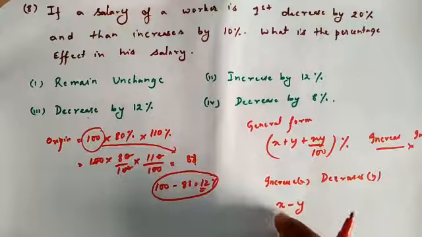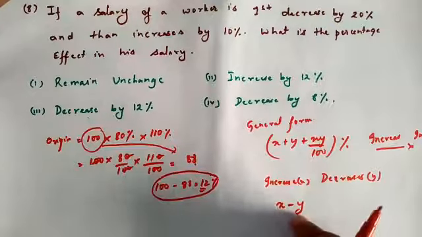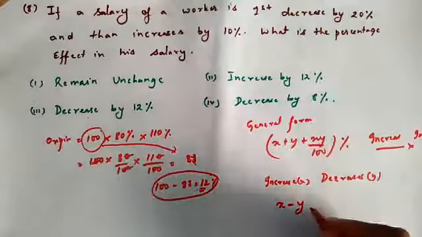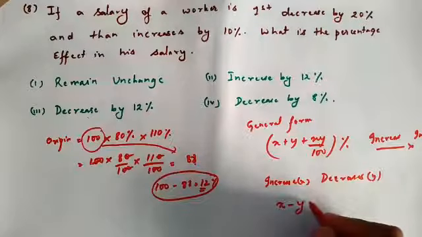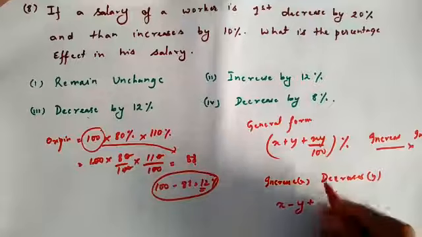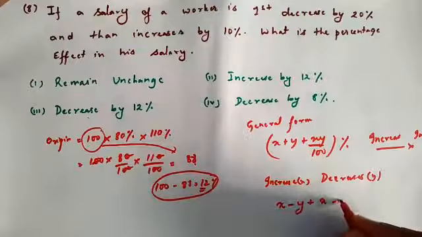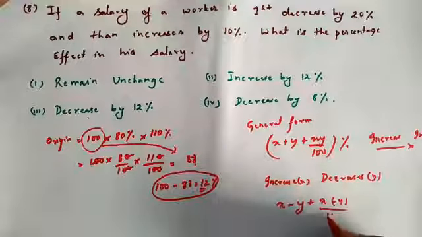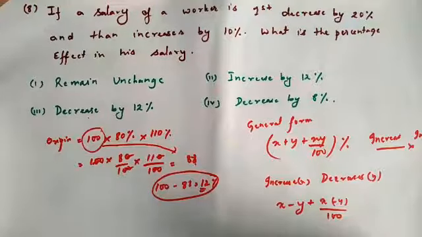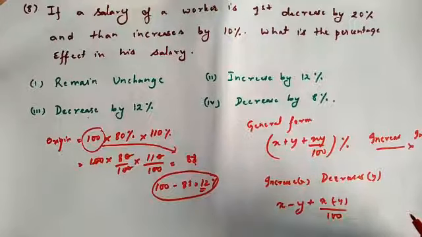First increase by x and the other is decrease by y. Actually, I don't have to explain all these things. I think this one is quite a waste, so I'm just quitting this question.